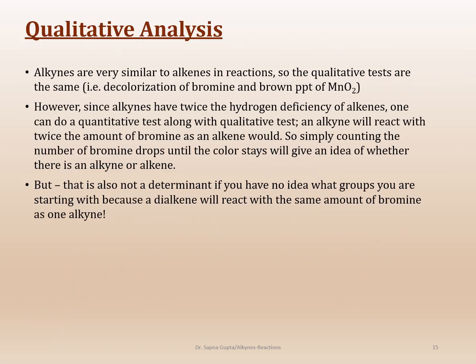Okay, and then qualitative analysis. Qualitative analysis for alkynes is the same as for alkenes, which means bromination, and then you also have the potassium permanganate test: the decolorization of bromine and the brown precipitate. The only problem is, how do you then tell the difference between an alkene and an alkyne?